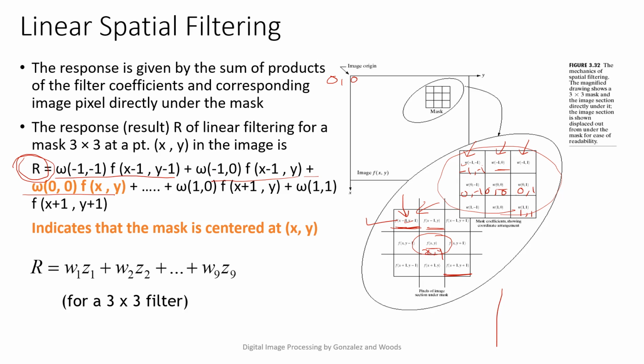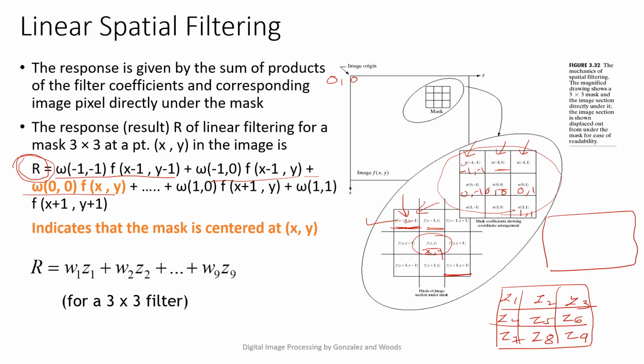So if this is the mask, this is the image. I'll show you. I'm writing these values as, suppose, Z1, Z2, Z3, Z4, Z5, Z6, Z7, Z8 and Z9. And this is my filter function having coefficients W1, W2, W3, W4, W5, W6, W7, W8, W9.